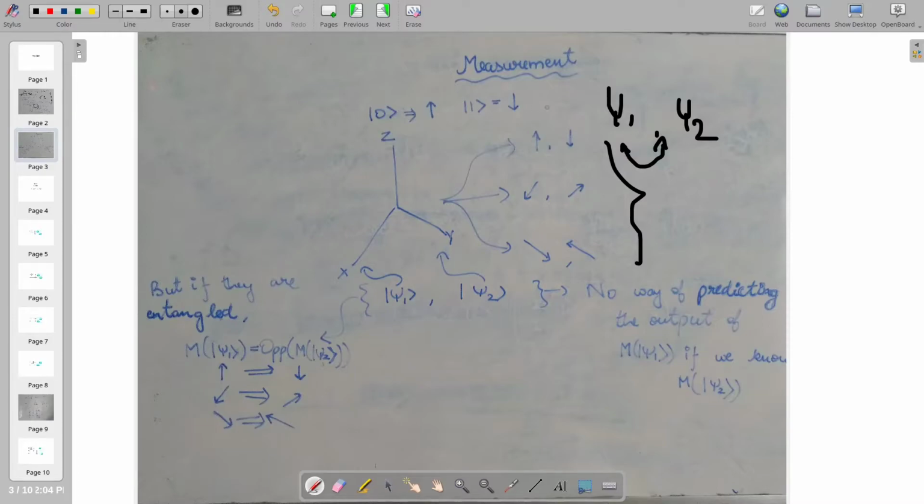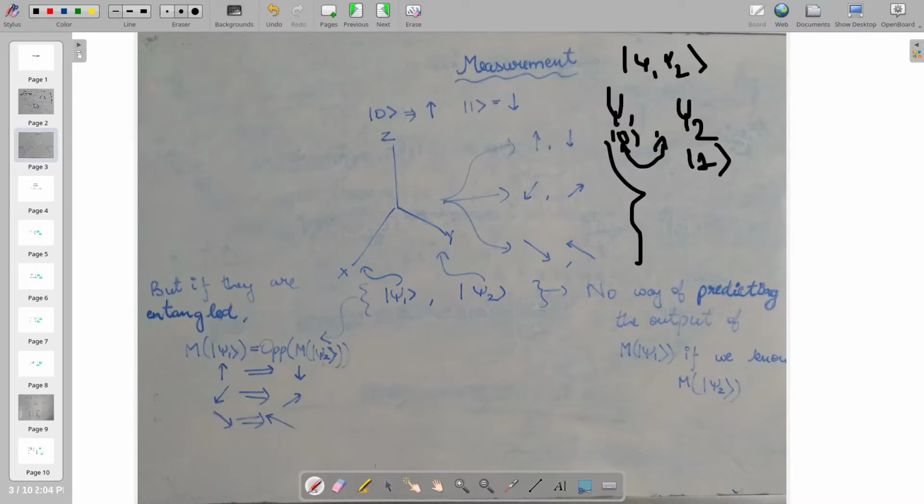But if I have two qubits, omega 1 and omega 2, such that they form an entangled pair, and I separate them by large distances, and I measure omega 1 and let me say it has the value 0, then I can be certain that the value of omega 2 will be 1, which is the polar opposite of omega 1.